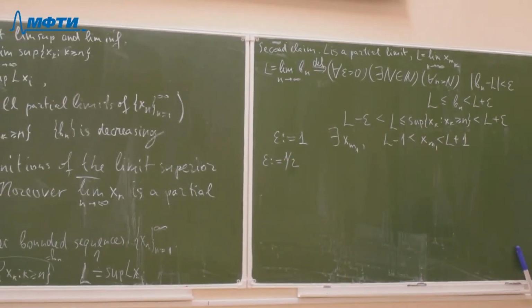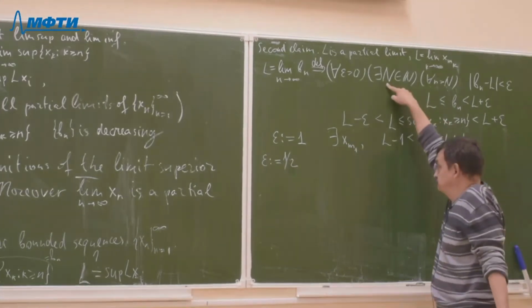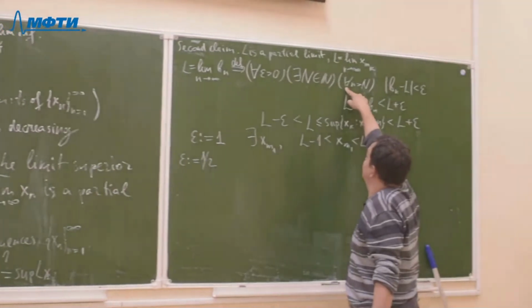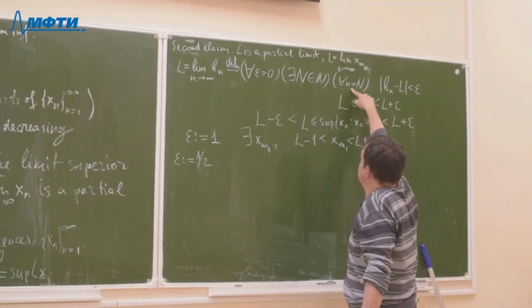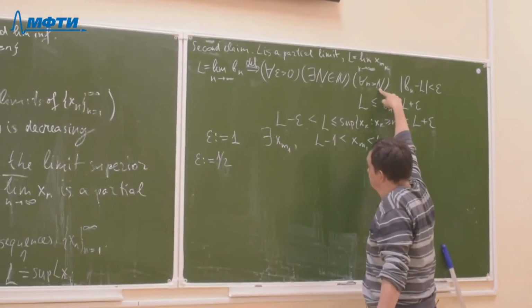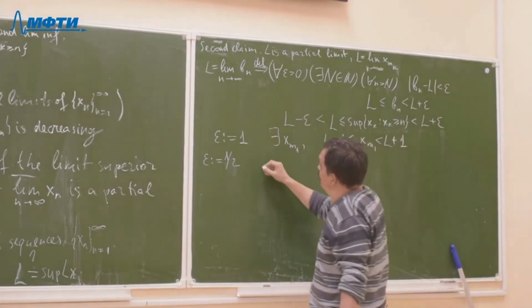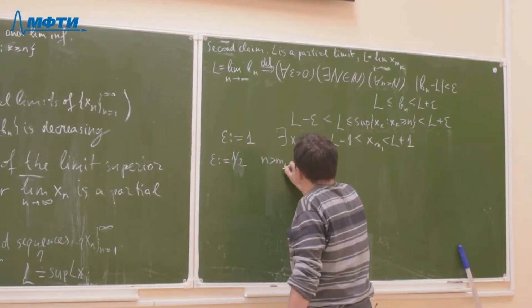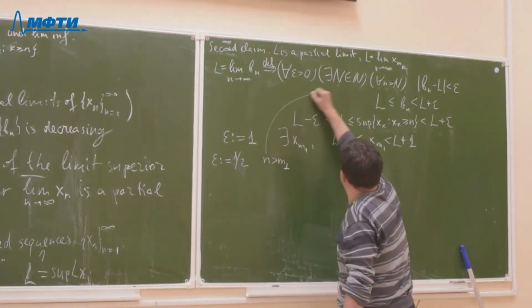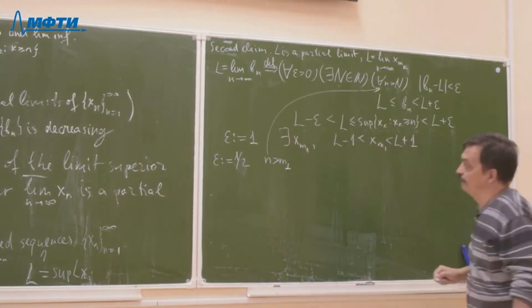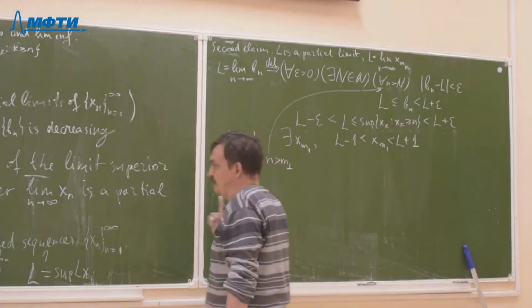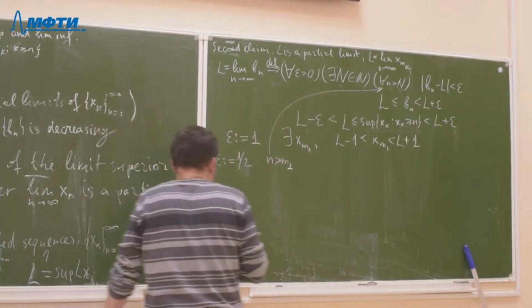Then there exists another number, capital N, such that for all indices n greater than capital N, and I want now n greater than m_1. Why?